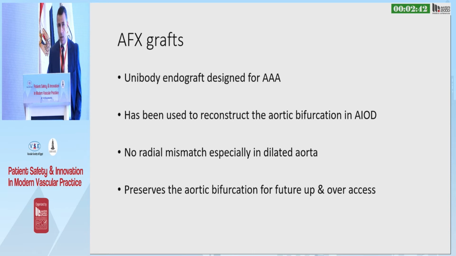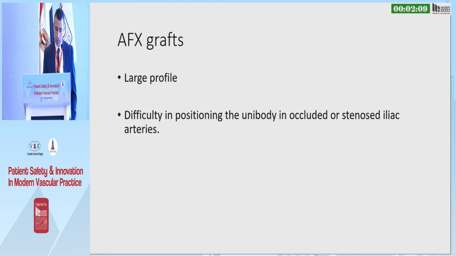Then there is the concept of the AFX graft, which was designed mainly for aortic aneurysm. It's a unibody endograft that can sit on the aortic bifurcation. The benefit of it is it reconstructs the aorta and reduces the radial mismatch because it can be overstretched to the dilated aorta, and at the same time it preserves the bifurcation and the need for future up-and-over cross to treat any of the limbs.